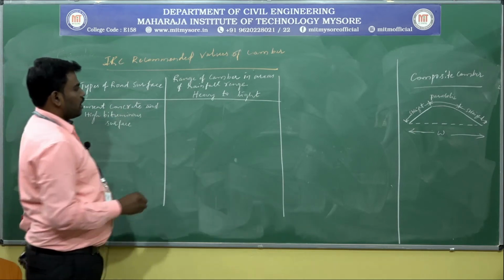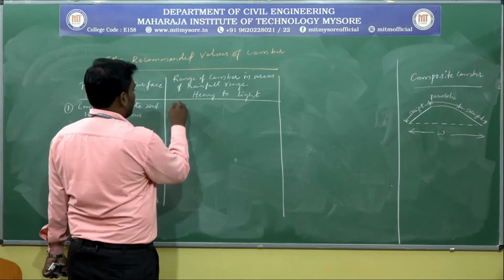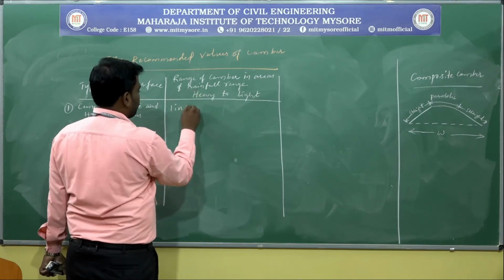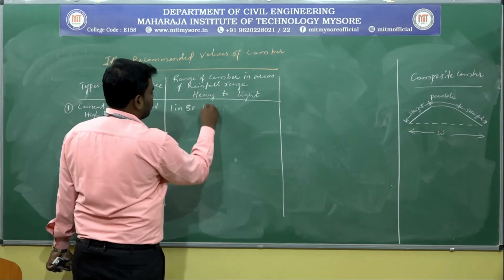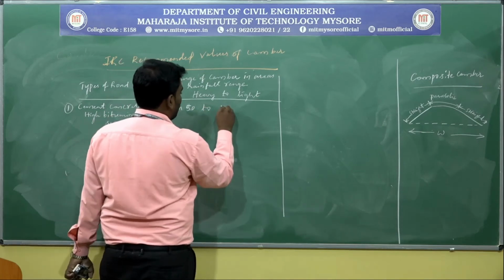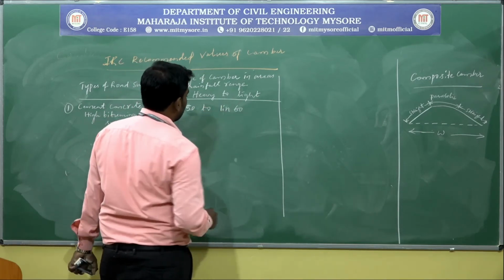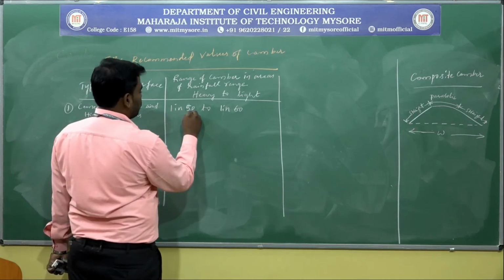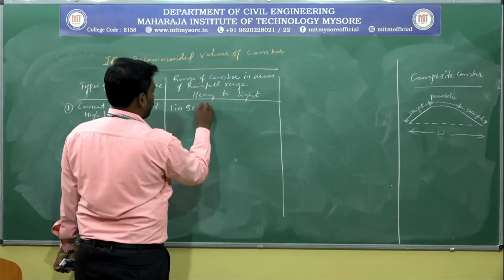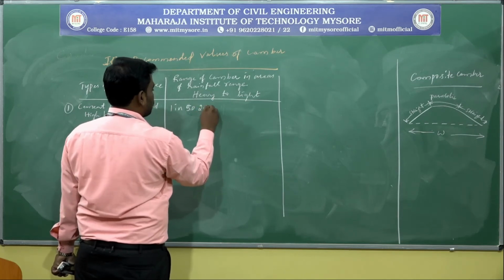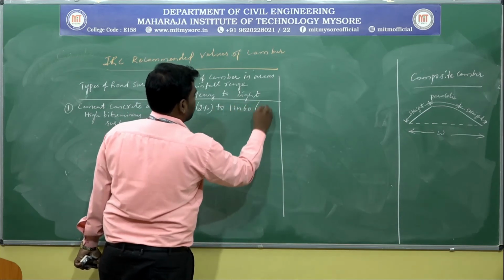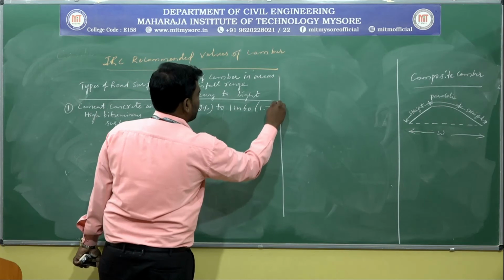For that the range of camber is 1 in 50 to 1 in 60, that is 2% to 1.7%.